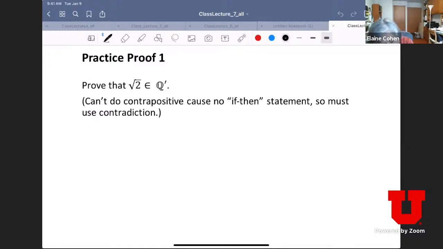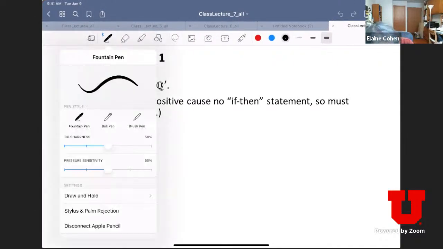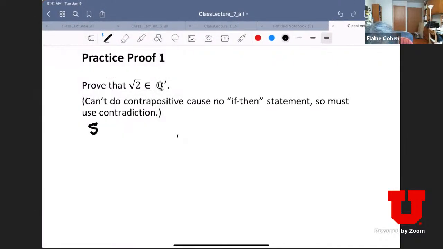We're going to suppose not Q. Suppose, when I say not Q, we're going to suppose the square root of 2 is rational. Okay, so we're going to suppose the negative of what we want to show and show that that's impossible.